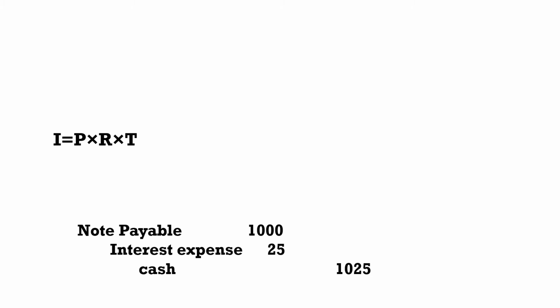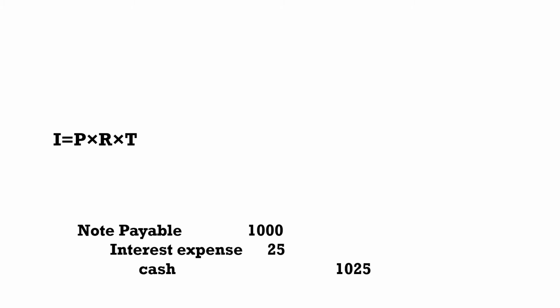Then you record interest expense, which is 25. When expenses increase, you debit them. And then the cash that is leaving your record as a company will be 1,025.